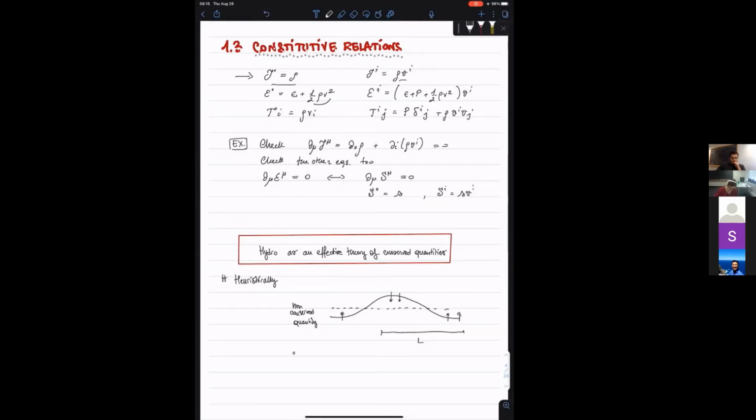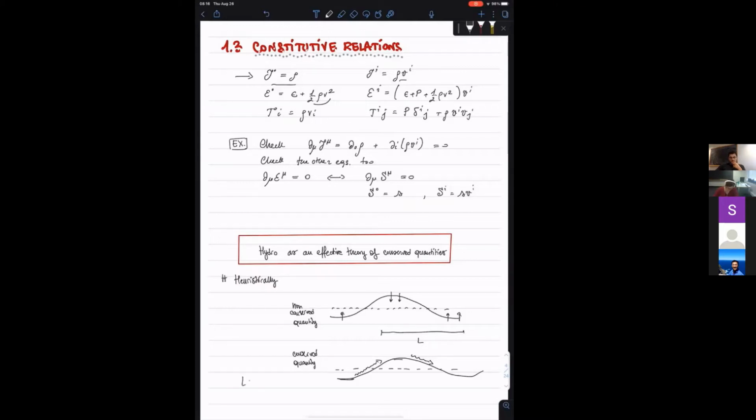But if we think about a conserved quantity, say energy, which is perturbed around the equilibrium, it cannot equilibrate locally. It will have to equilibrate only through transport. Think about charge. Charge can only equilibrate through diffusion. So charge will have to be transported from places where there is more charge to places where there is less charge to go back to equilibrium. And this happens on much larger length scales.